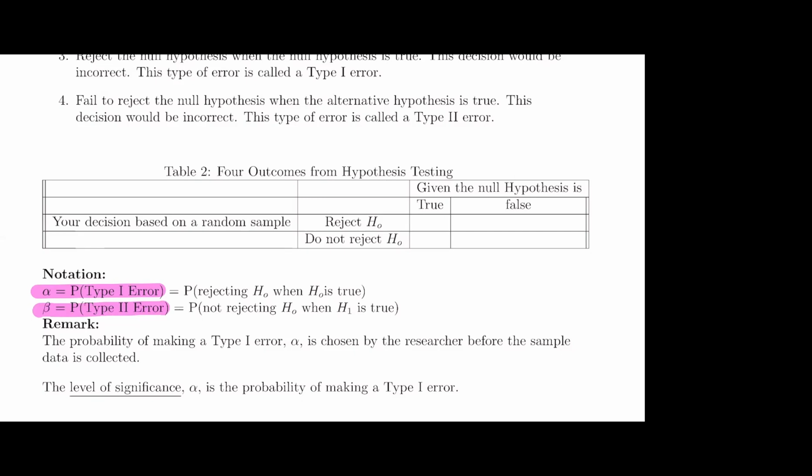So a type 1 error means we conclude the alternative hypothesis H1 is correct, but the null hypothesis was actually true.